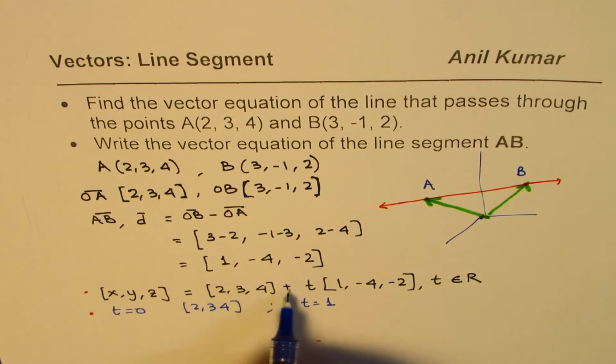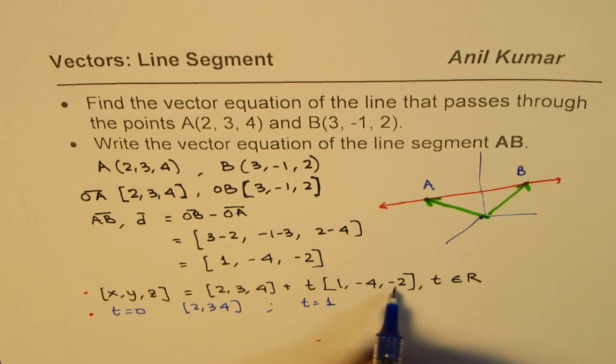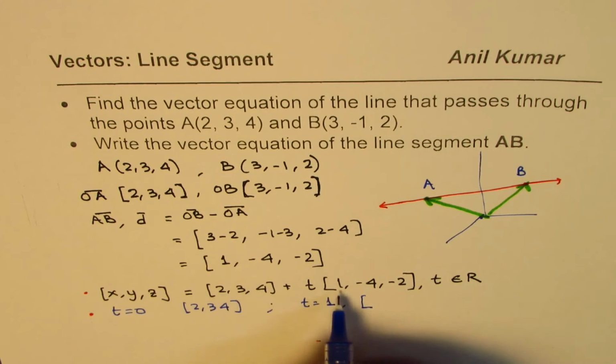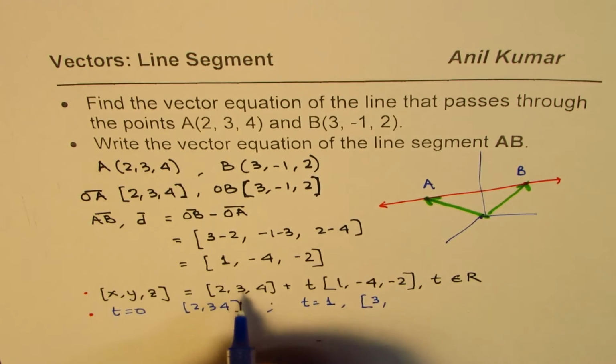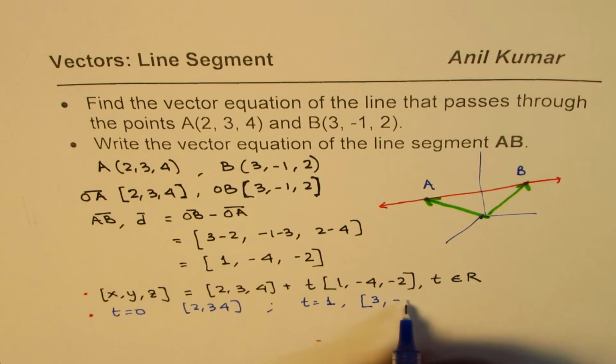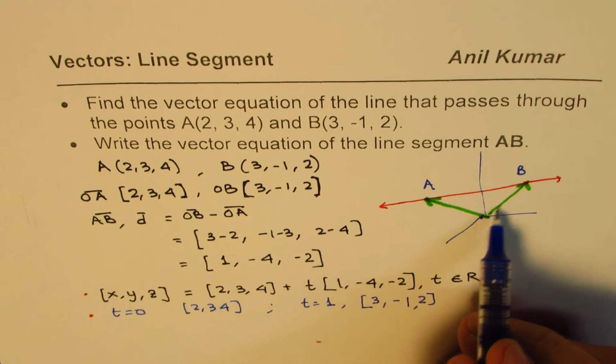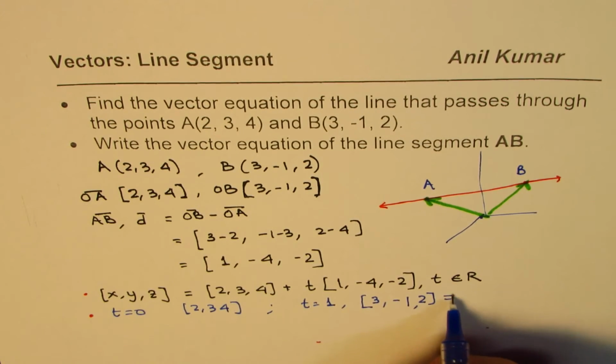We get (2, 3, 4) plus (1, -4, -2). So in that case, we get 2 plus 1, which is 3, 3 minus 4, which is -1, 4 minus 2, which is 2. So what we get is OB.